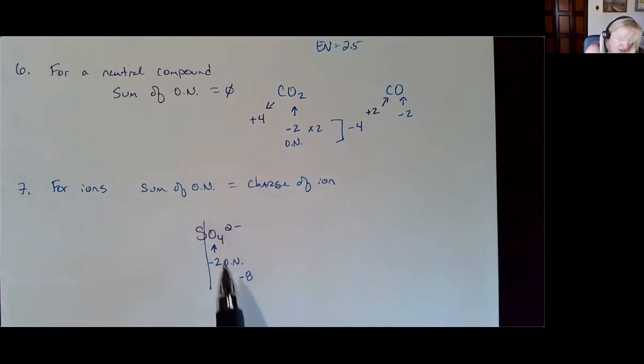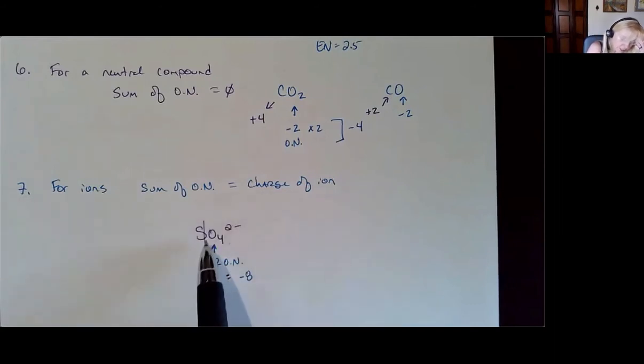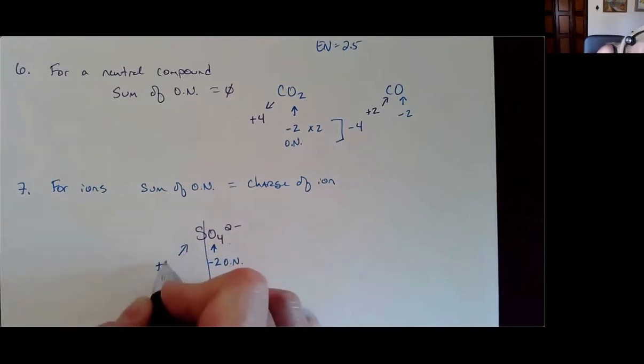If I sum up my oxidation numbers coming from oxygen, it's going to be -8. I have a charge of -2, so that means that sulfur is going to have a positive charge that balances this but leaves a -2 left over. So in this case, sulfur is going to be a +6.